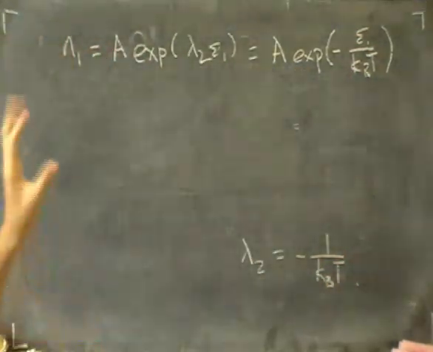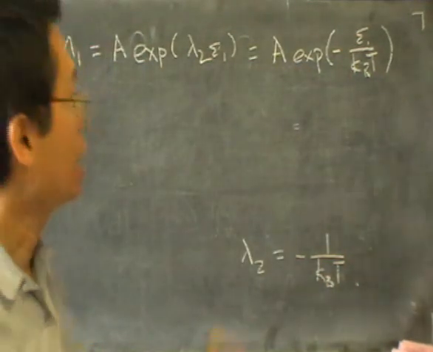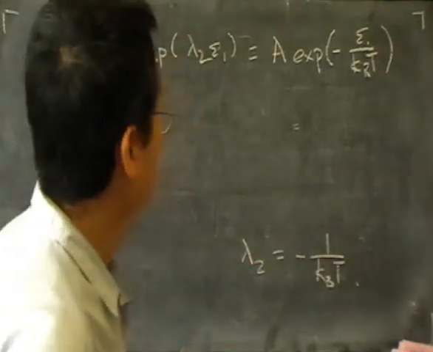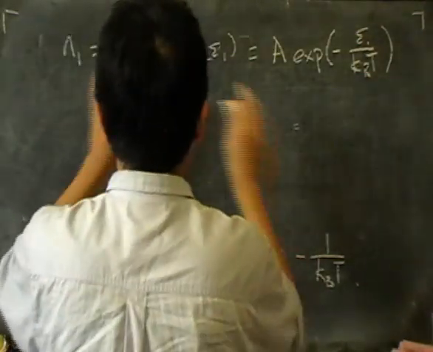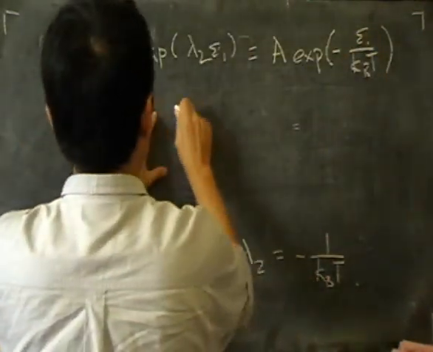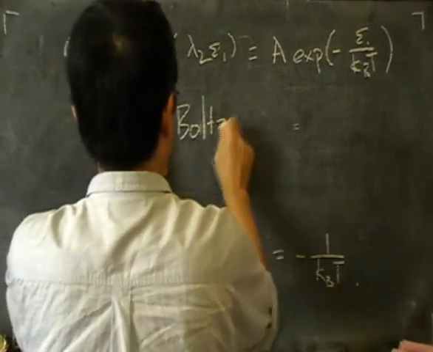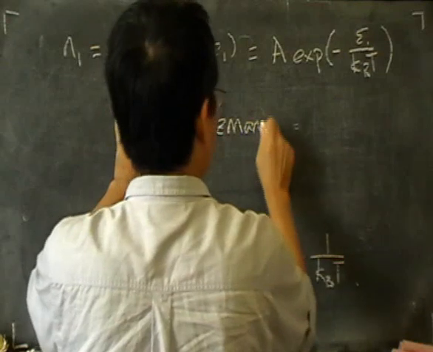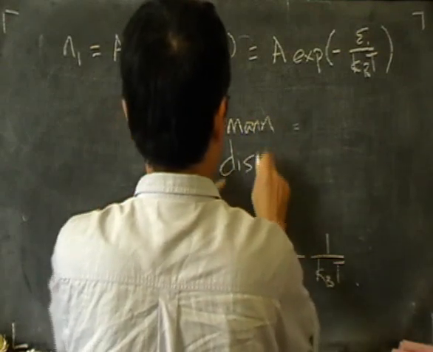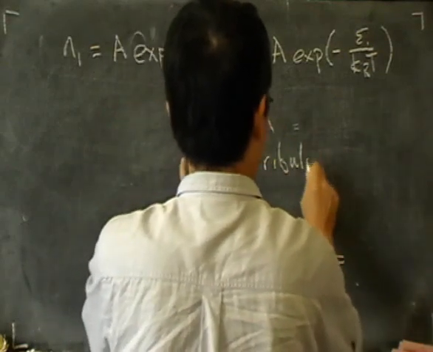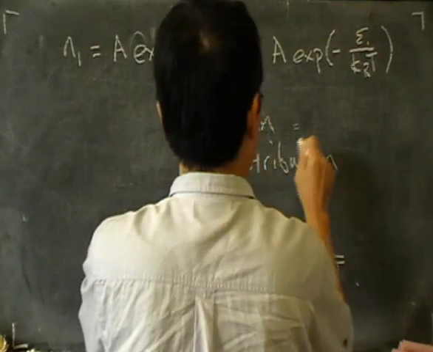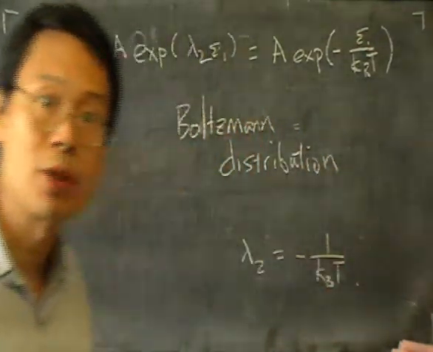And here we have our final expression, and with a temperature coming in as well. And this expression here is called the Boltzmann distribution. We'll stop here.